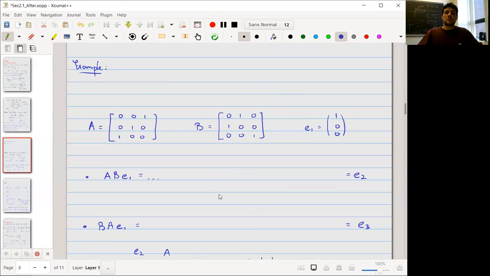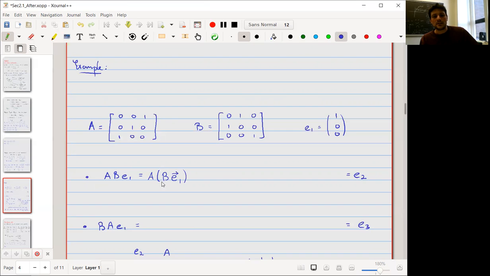Let's have a look at another example that will help you make sense of the fact that it's expected that the order changes the matrix. So here's a couple of 3x3 matrices, A and B, and we'll try to multiply them to the vector E1. We should think of these as matrices that transform vectors. So they eat up E1 and spit out another vector. If I were to compute AB times E1, that's the same as computing A times B times E1.